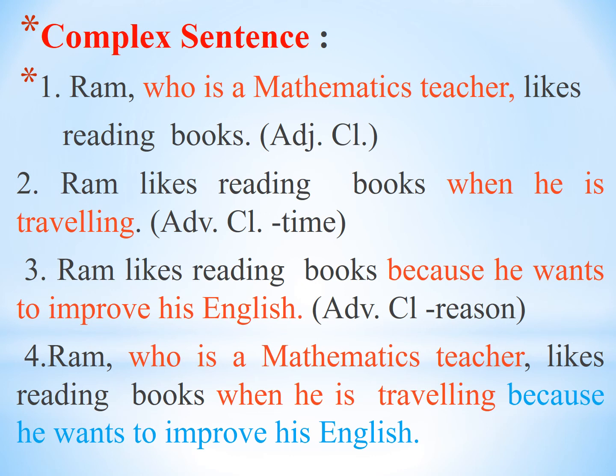Now the fourth one: Ram, who is a mathematics teacher, likes reading books when he is traveling because he wants to improve his English. This is the most complex sentence. Here there is only one independent clause, that is, Ram likes reading books.